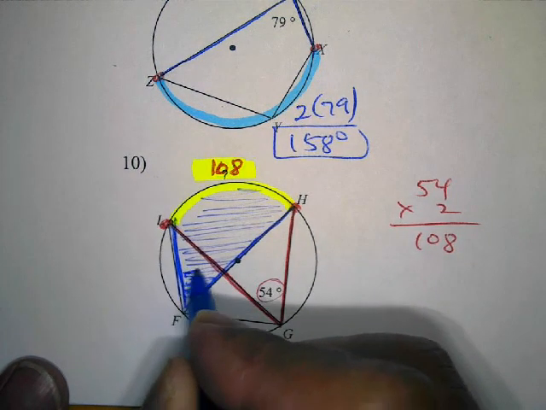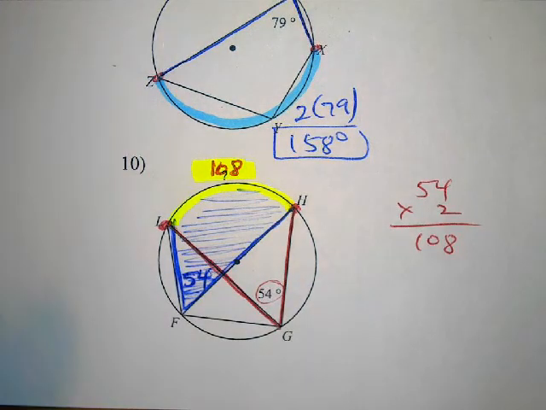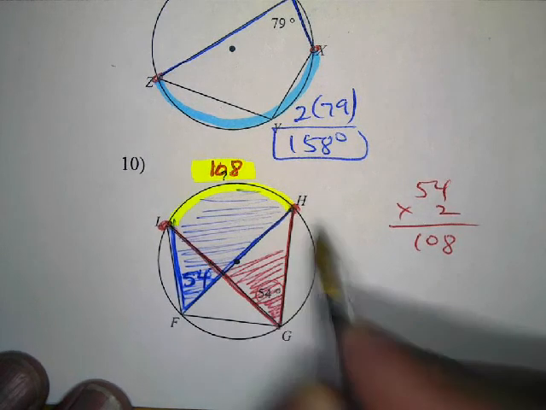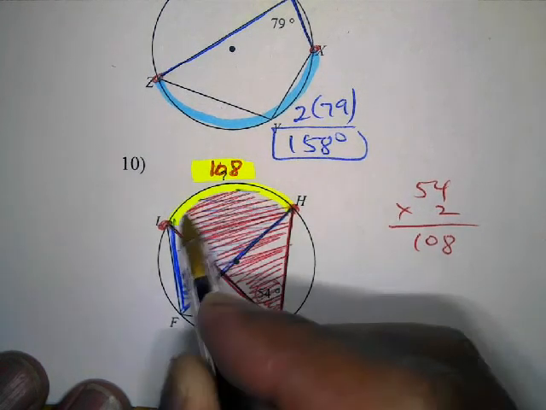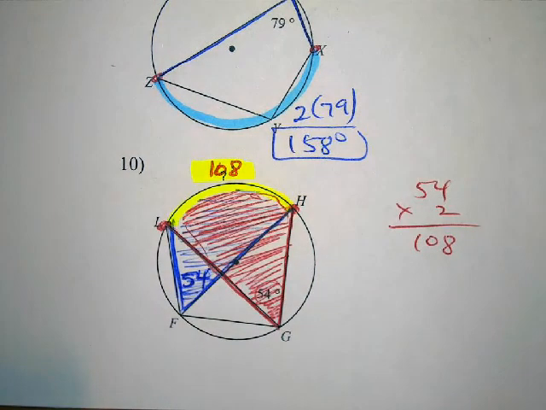Yeah. So if this arc, the red one, was 108, and you take half, this one would also be 54. I know they're not asking you, but I'm just showing you. The first one that we looked at was this red one here, see? Now I'm going to get colorful.